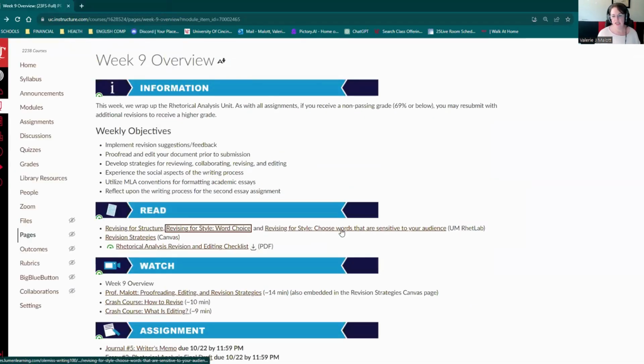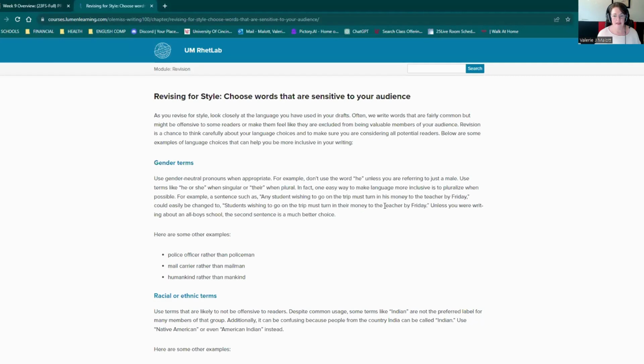The third selection is revising for style, choosing words that are sensitive to your audience. Now, this might seem a little bit quote unquote woke for some of you, but we are in academia trying to write so that our audience isn't offended. Not that we have to treat our audience like snowflakes, but there are certain terms, especially relating to gender, race, and ethnicity, that you want to be careful so that you're not offending a certain group of people.